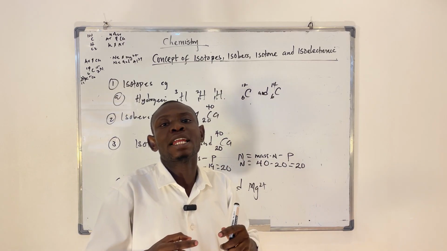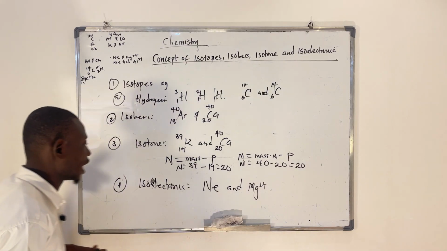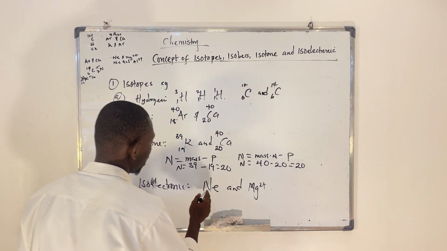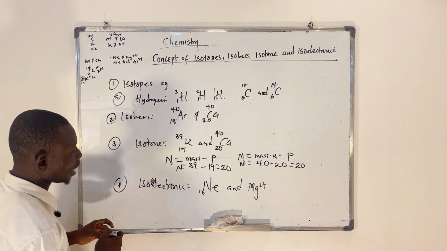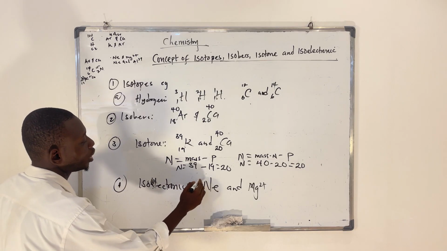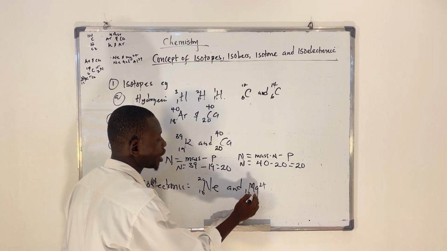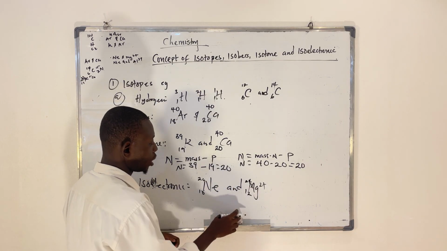But when an element gains electrons, it becomes negatively charged. In this case, the atomic number of neon is 10, while the mass number is 20.